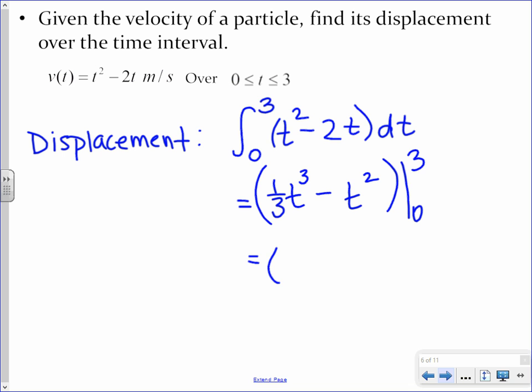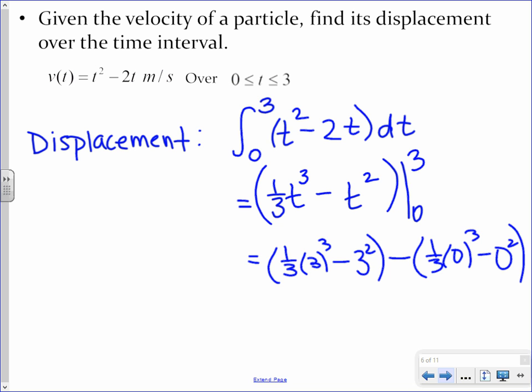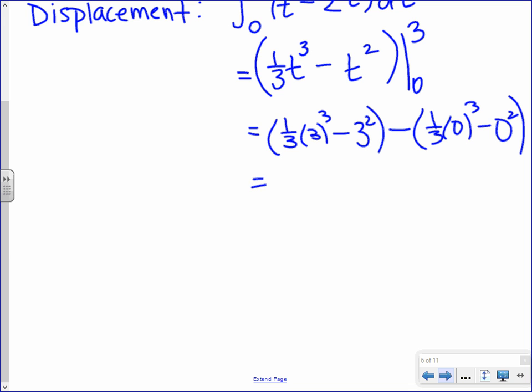All right. So we have 1/3 times 3 cubed minus 3 squared, minus 1/3 times 0 cubed minus 0 squared. What is it? 0.